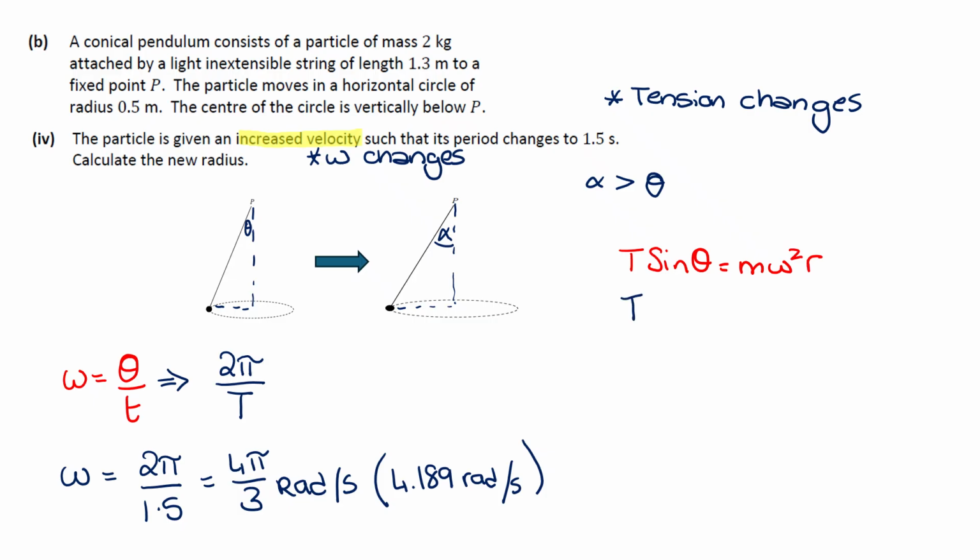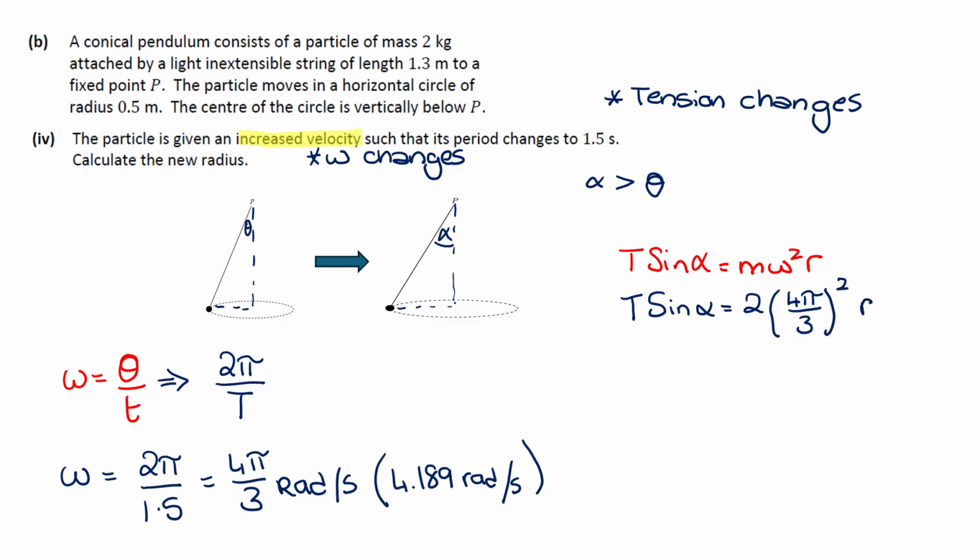Our sine of our angle, remember, we have a new angle here. So actually, let's call this alpha to avoid any confusion. So we have T sine alpha is equal to our mass, which is still 2, times 4 pi over 3 squared times r.